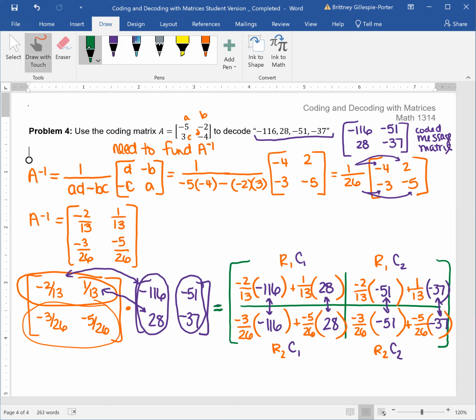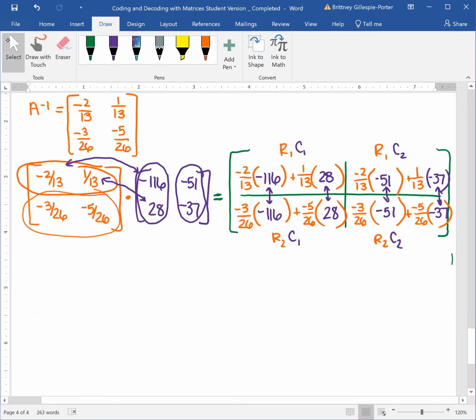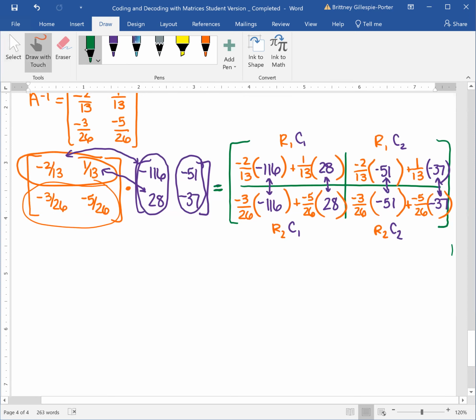This time when you do the arithmetic in your calculators, because you have multiplication and addition, everybody together, top left corner, you should get 20.